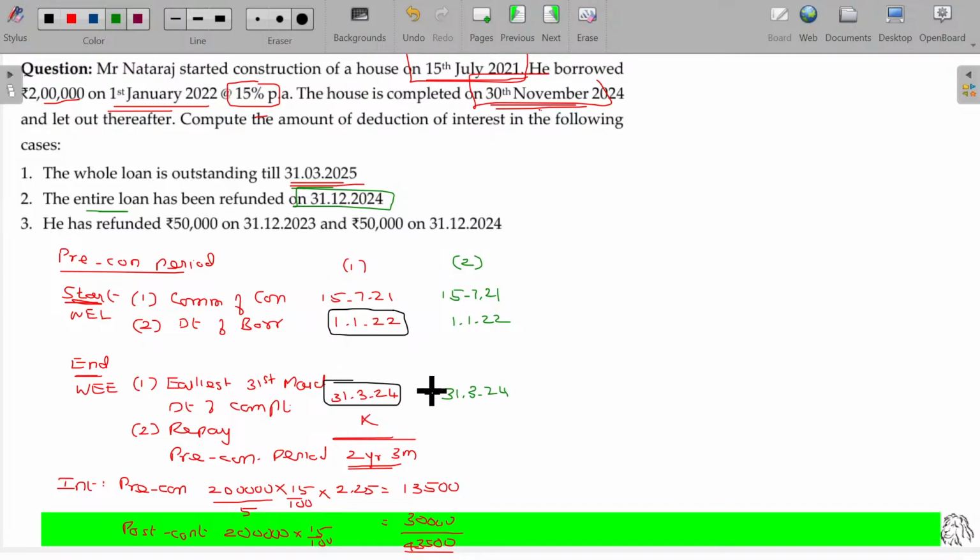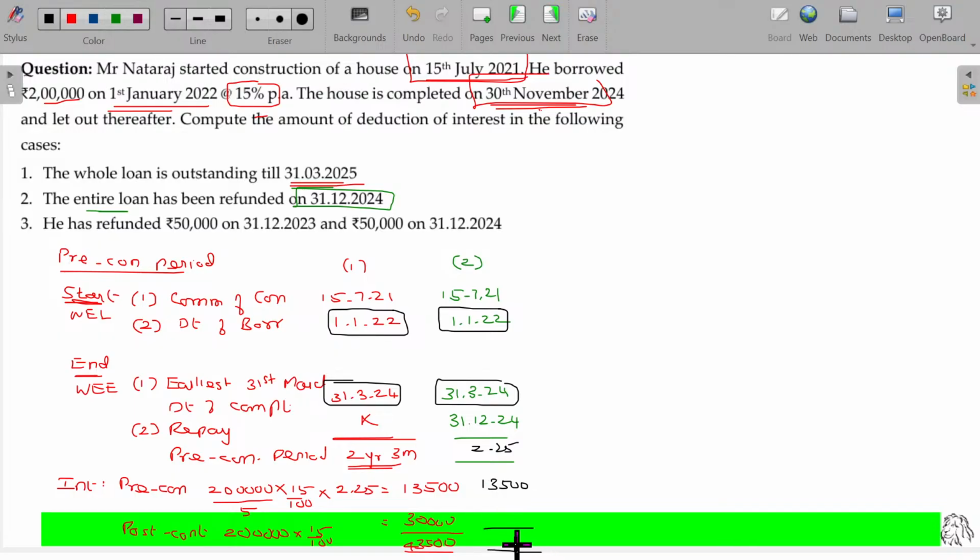But repayment of loan happens on 31st December 24. Is that clear? Now what about the pre-construction period? Between these two, whichever is later being 1/1/22, and whichever is earlier being this one. So 2.25 years. There is no change. It remains the same 13,500.